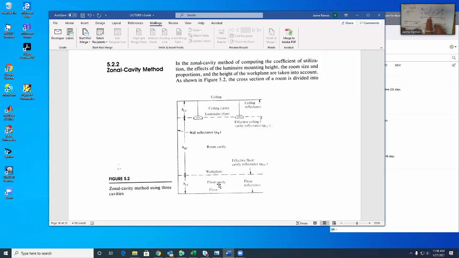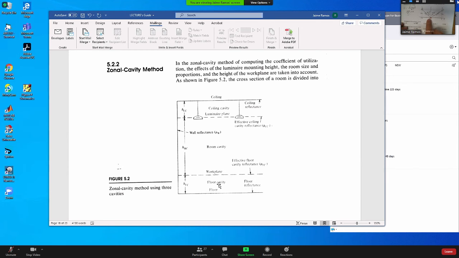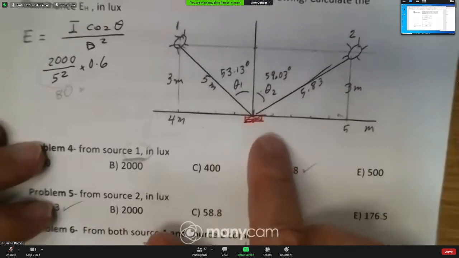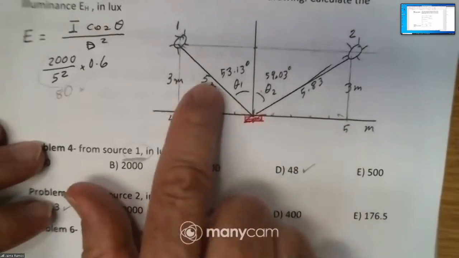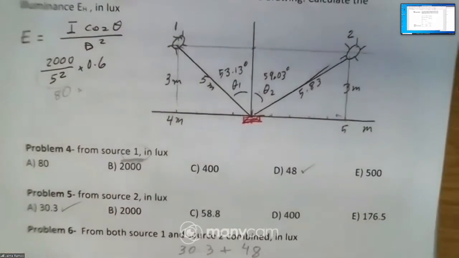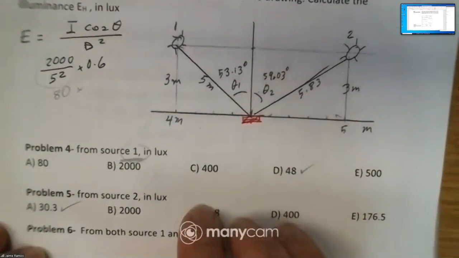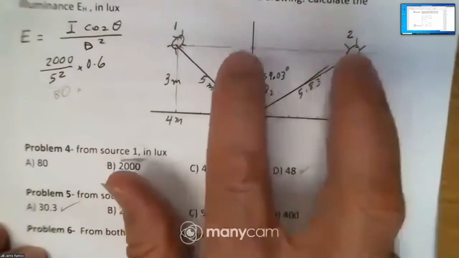This is point by point calculation. So the computer digitalizes the space into many points. And then for every one of these points, you get a given calculation of luxes. So it's a lot of calculations, many lamps. This is only for 2 lamps.